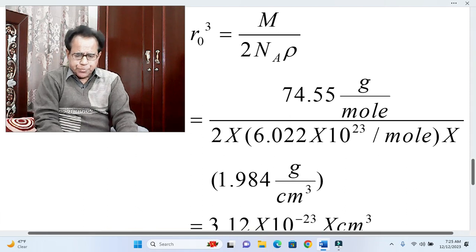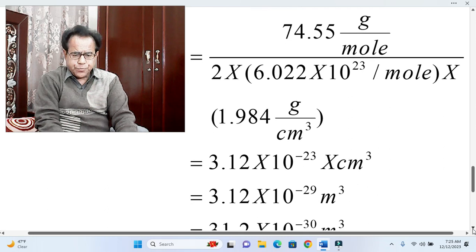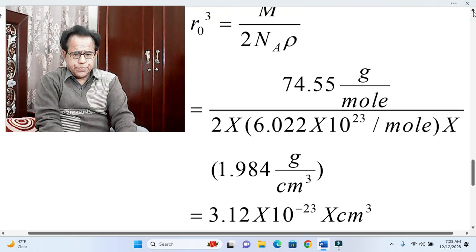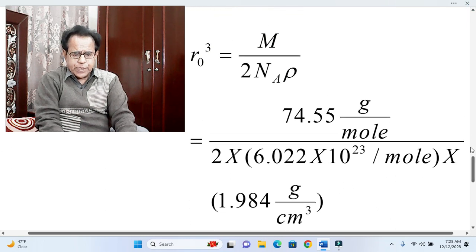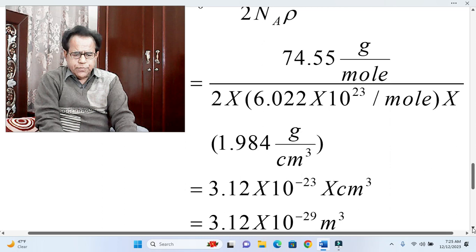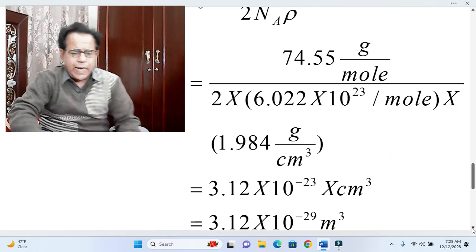Next, dear students, just simplification, nothing else. Just simplification. Dear students, here we see from where this factor, that is 3.12, has come.